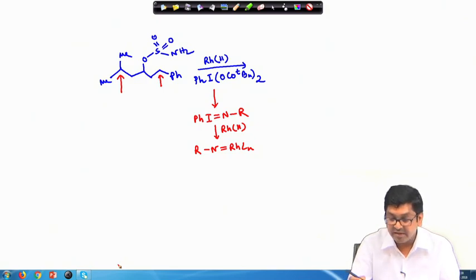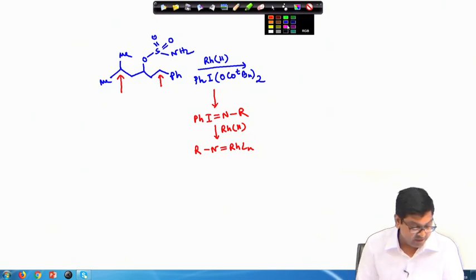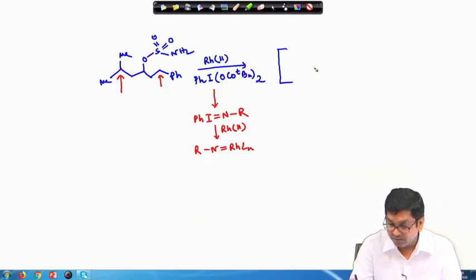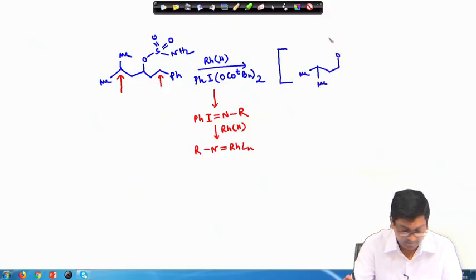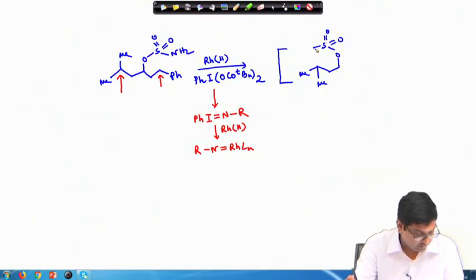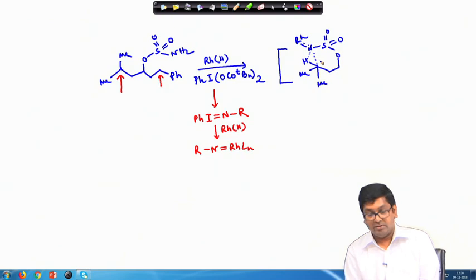So, if you see the mechanistic way for this nitrenoid species to get inserted into a carbon hydrogen bond, we can tell, so this is the nitrenoid species. Now, these carbon hydrogen bonds can get inserted through this, okay.